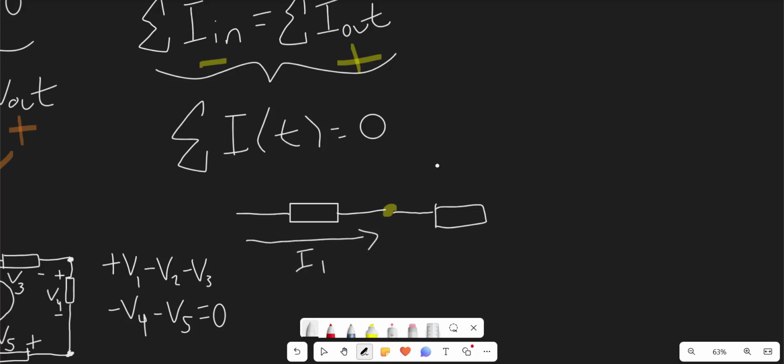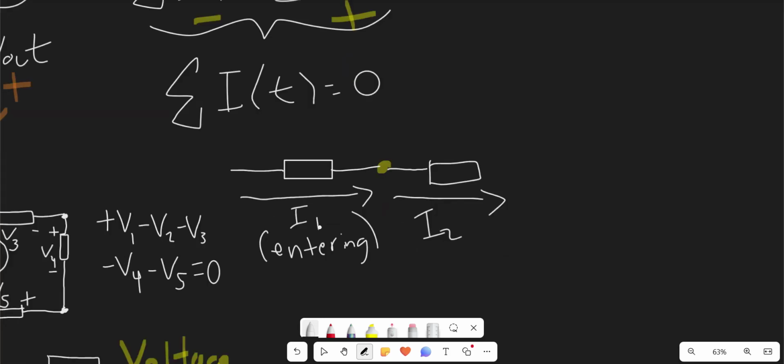Based on the direction of the arrow, the current is flowing towards the node, so it's entering. And let's assign a positive value for currents that enter a node and a negative value for current leaving a node. So we have I1 flowing in this direction, and then I2 is flowing in this direction here. And as you can see, it's flowing away from the node, this yellow dot I drew right here. So it's leaving the node.